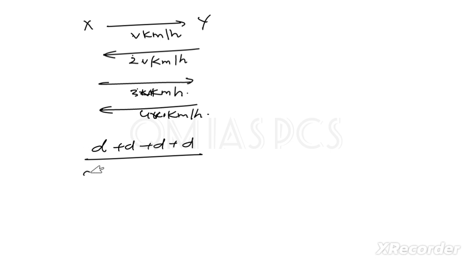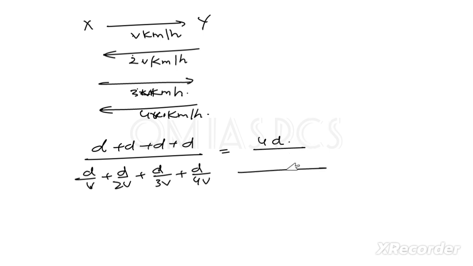It will be d by v, d by 2v, plus d by 3v, plus d by 4v. Now the numerator will be 4d, and here we have to take the LCM of v, 2v, 3v, 4v, so it will be 12v. Here it is 12d, this is 6d, this is 4d, this is 3d.